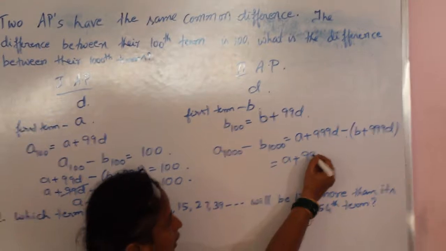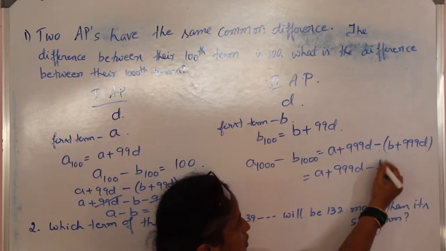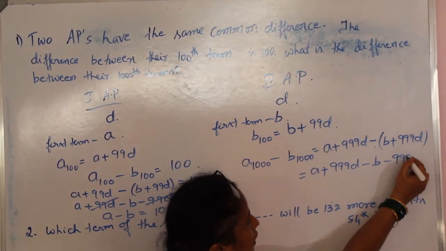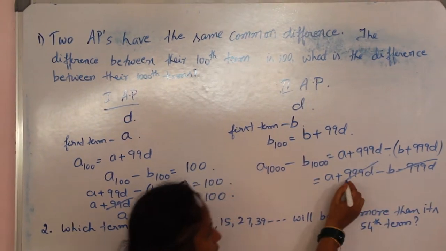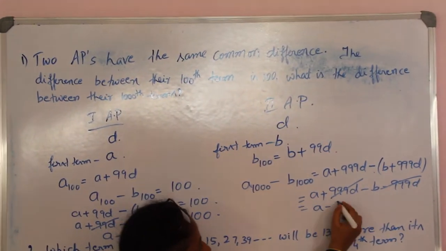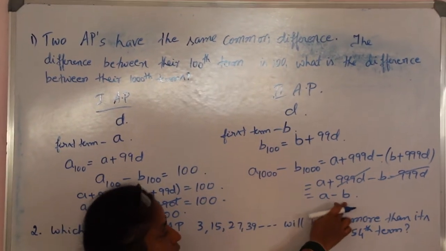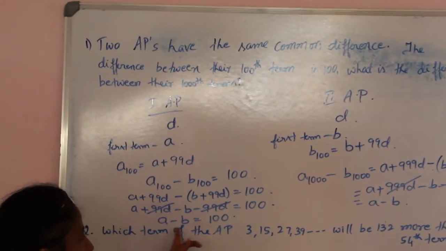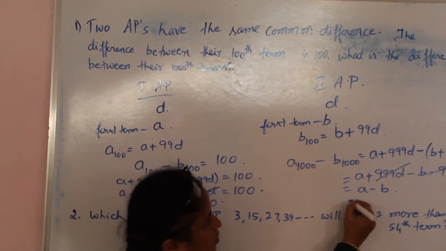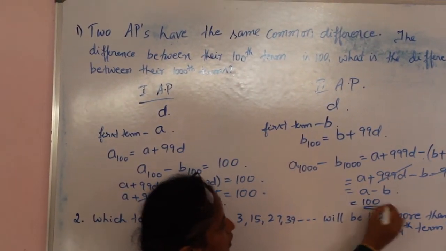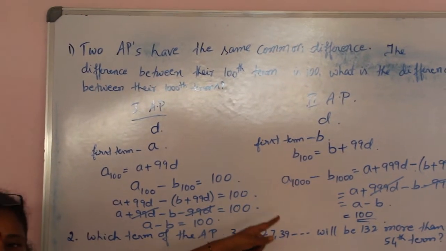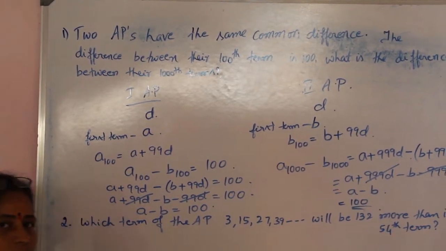Here A plus 999D minus B minus 999D gives A minus B. So the difference between their 1000th terms is also A minus B. We know A minus B is 100, so the difference between their 1000th terms is also 100.